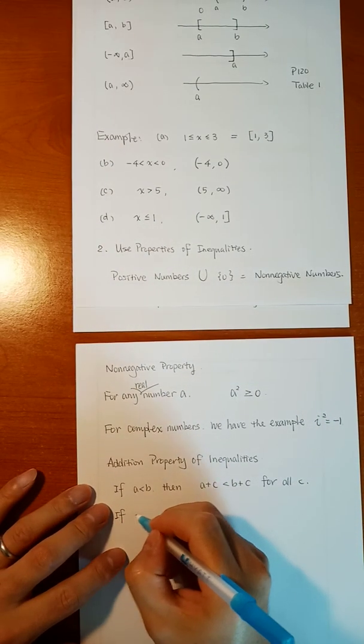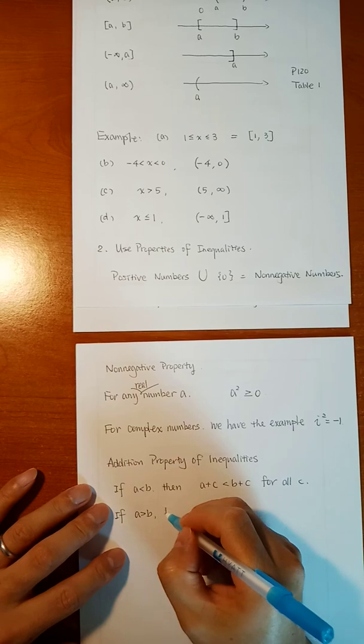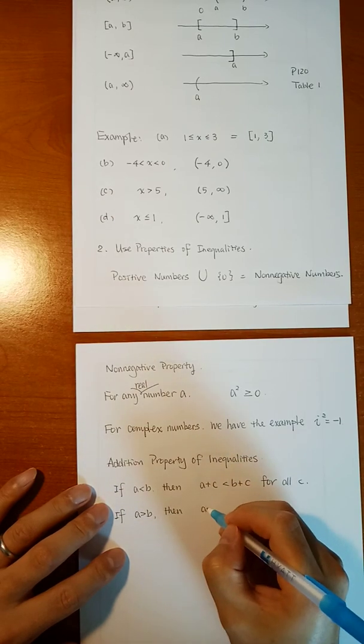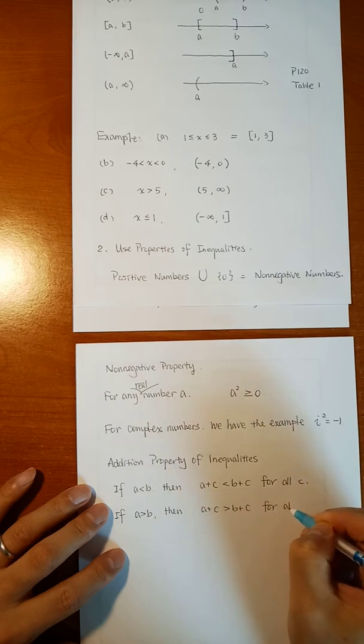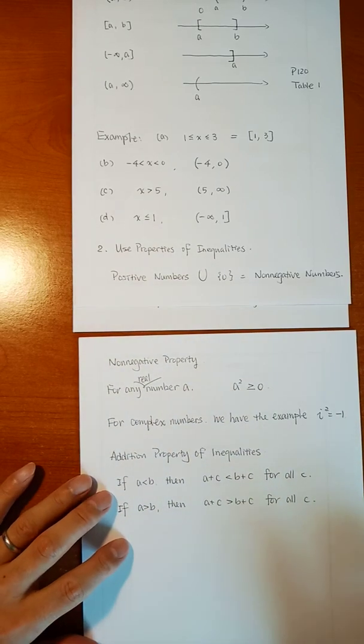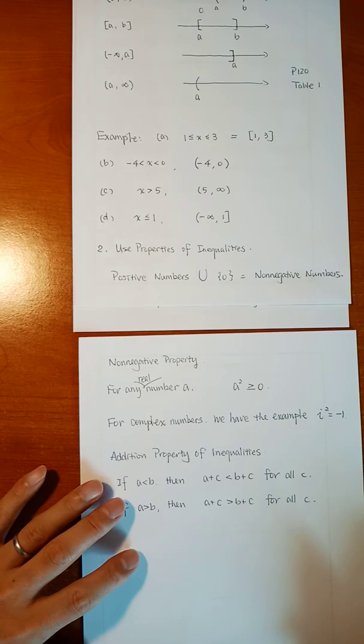The other one, if a is greater than b, then a plus c is greater than b plus c for all c. So you can add an arbitrary number to an inequality and keep that inequality.